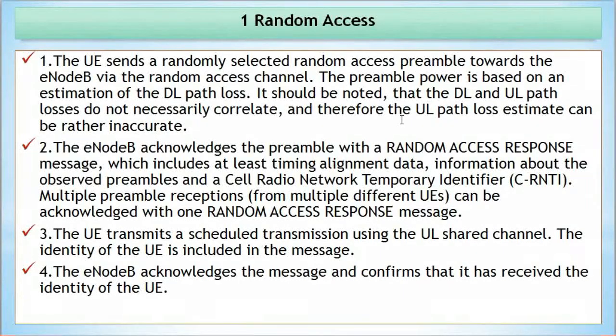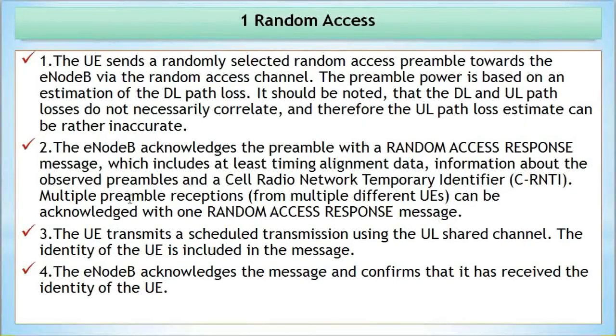Second point, the eNode B acknowledges the preamble with a random access response message, which includes at least timing alignment data, information about the observed preambles, and a cell radio network temporary identifier. Okay, multiple preamble receptions from multiple different UEs can be acknowledged with one random access response message.